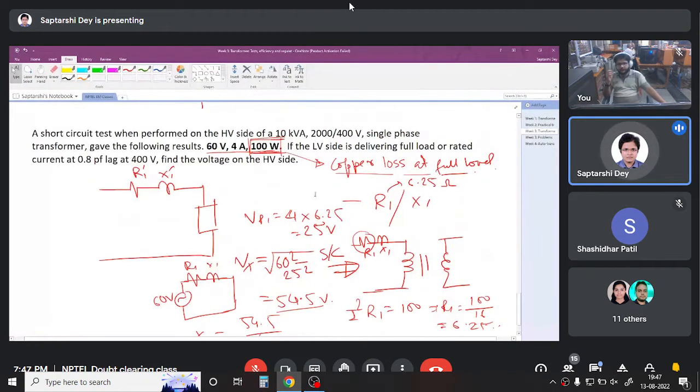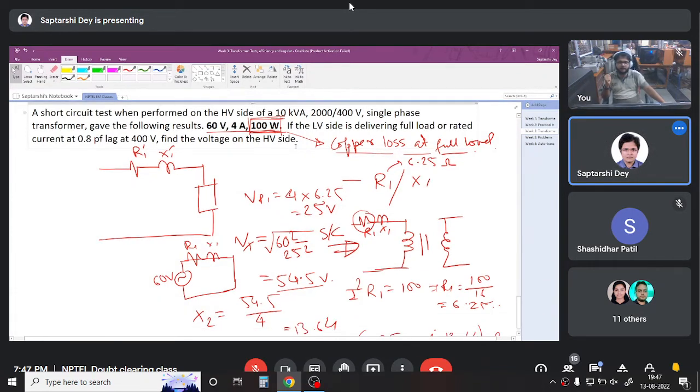Now the question is, this is a practical transformer, but still when the secondary side is loaded at 0.8 power factor lagging load, it is supplying the rated voltage. How is it possible? It is possible because at the primary we have applied a voltage which is more than rated.